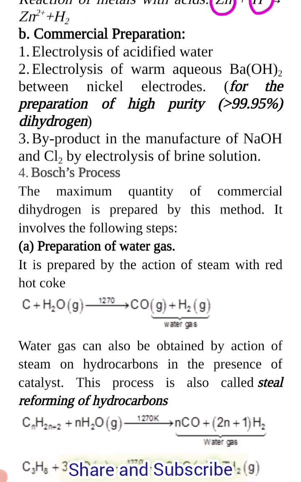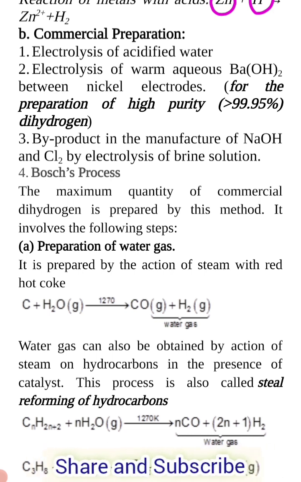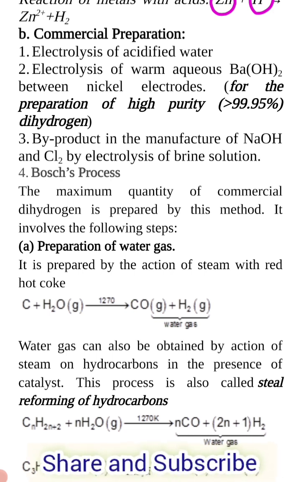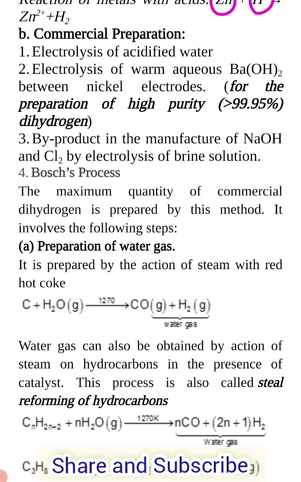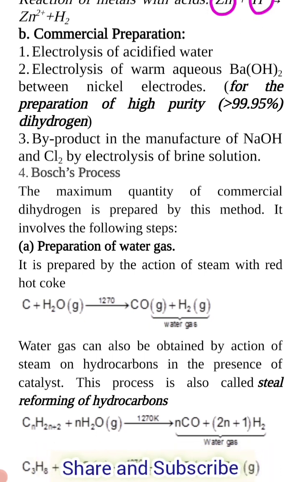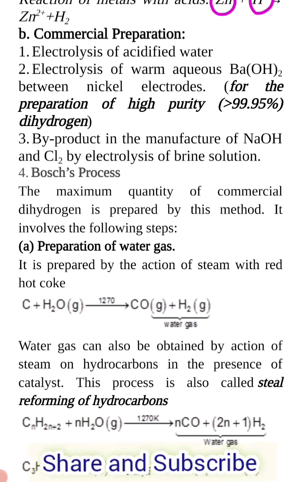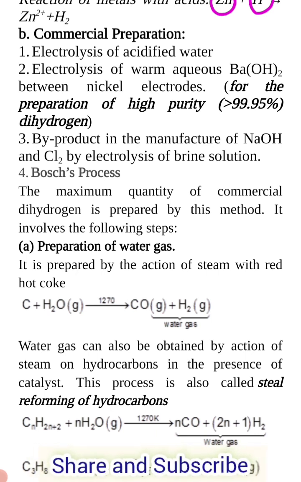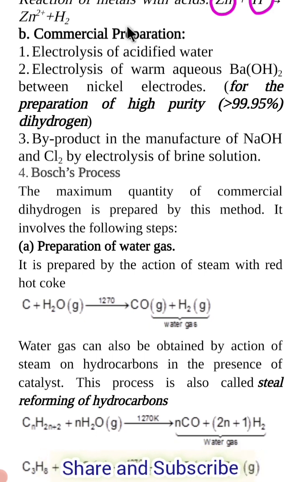Zinc is a reactive element. We can take another reactive metal instead of zinc also. Zinc is reacted with, for example, HCl. HCl is an acid. Zinc is more reactive than hydrogen, so it can kick out the hydrogen, and we will get zinc chloride along with hydrogen gas. This is the laboratory preparation of hydrogen.